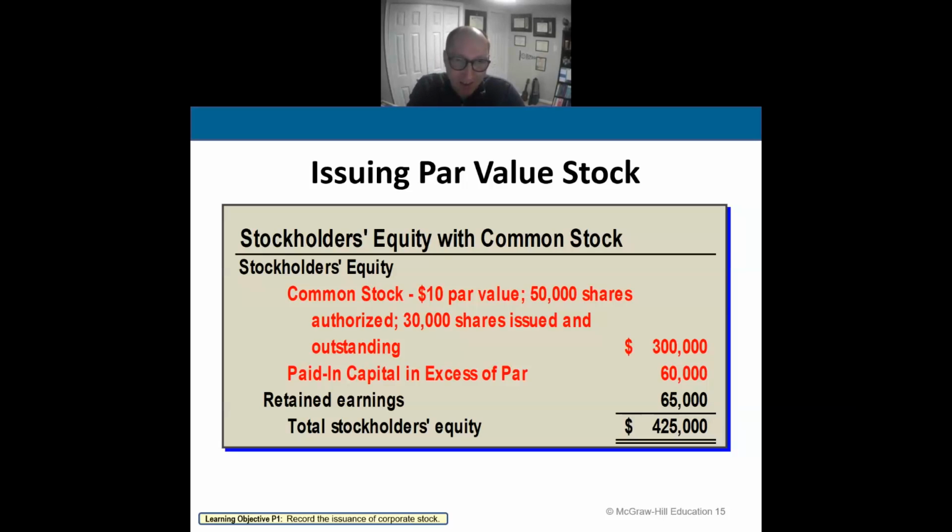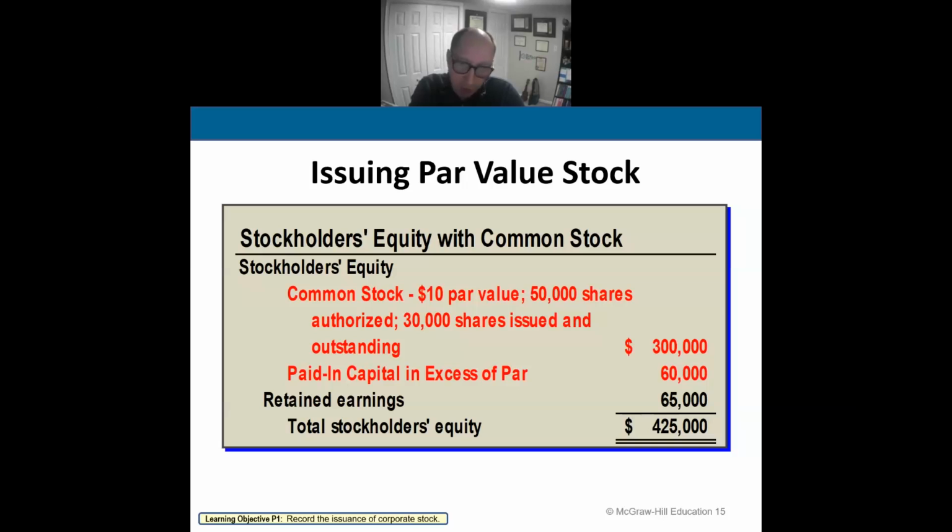Okay, so on your stockholders equity report, it looks like this. We issued 30,000 shares, $10 par value, 300,000. We sold 30,000 shares at $12 per share. So that means we have an excess, paid-in capital in excess of par, 60,000. Then we add our retained earnings.